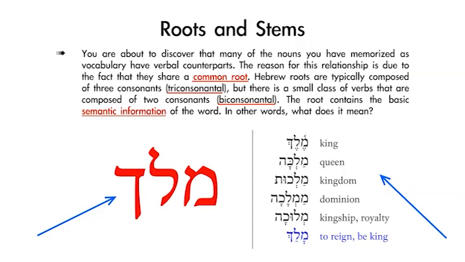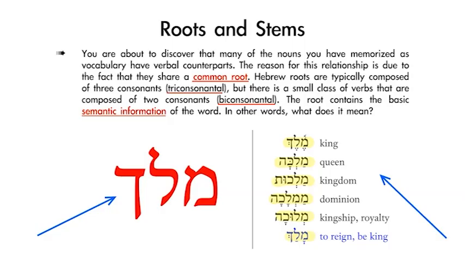The first word is the noun king, melech. Then you can see the feminine form, malka, for queen. The same root, malkuth, means kingdom. And then memlacha, dominion. Then there's malchuth, meaning kingship or royalty. Finally, there's the verb, malak, meaning to reign or be king.